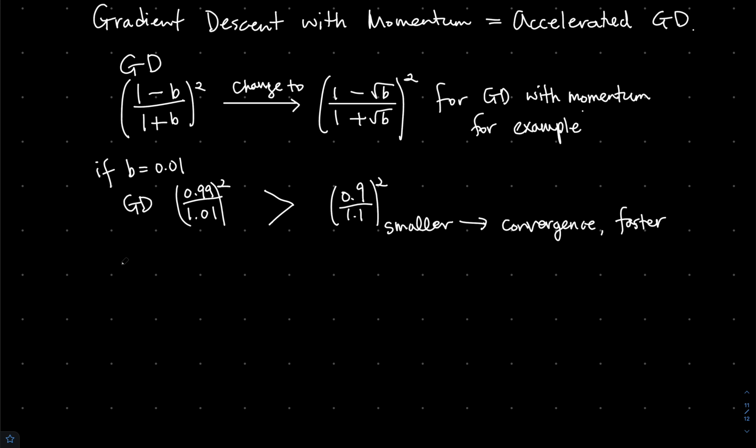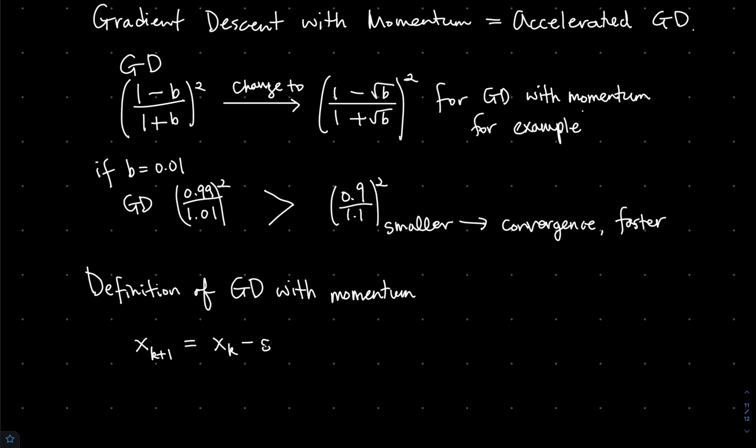And let's look at the definition of gradient descent with momentum. So similar with gradient descent, we can start with xk plus 1 equals xk minus sk, this s being the step size.